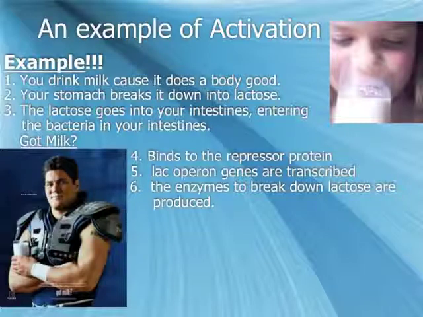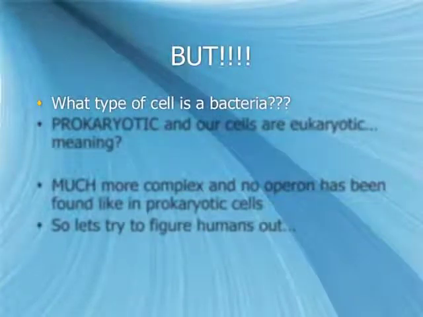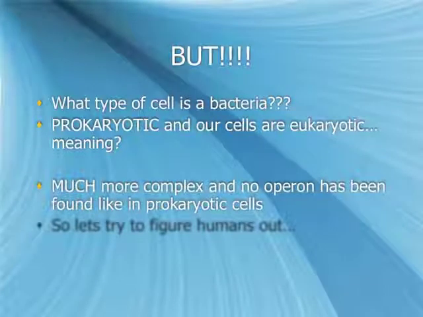There are some genes that are constantly turned on and actually need to be stimulated to be turned off. So the problem with this is bacteria is a prokaryotic cell, and our cells are eukaryotic. So therefore, we have much more complex DNA, and no operon has actually been found in our cells.